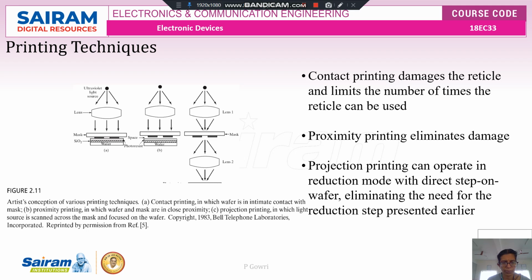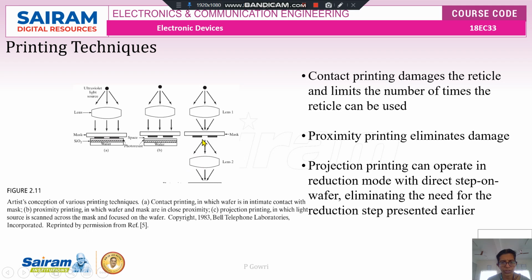Contact printing is where the wafer is in contact with the mask, whereas in proximity printing, there is a small distance and it is in close proximity. Whereas in projection printing, the light source is scanned across the mask and focused on the wafer. That is, there is a large distance between the mask and the wafer.